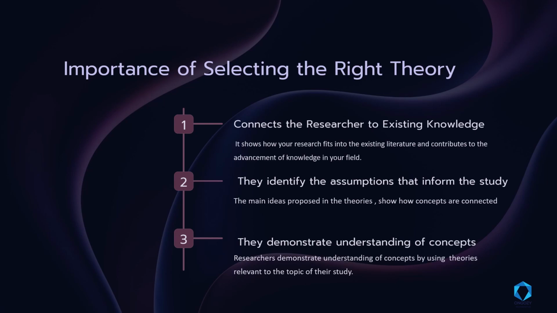Next, they demonstrate understanding of concepts. You know, in our last class, when we were discussing literature review, I said that use of theories shows that you went to school. It is a demonstration of understanding of concepts. Your theory must be relevant to the topic of your study. All right? Okay.